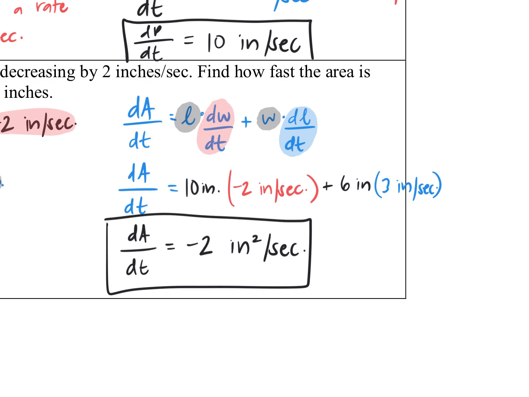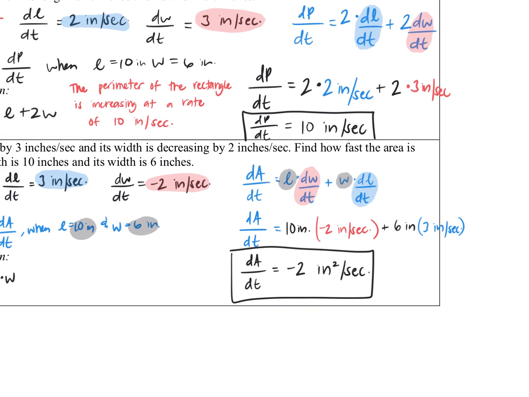Okay, so if I was going to explain what this actually means in terms of the problem, using that same setup that I did up there in red, the area of the rectangle is decreasing at a rate of 2 inches squared per second. Make sure if you're saying decreasing, you don't also say it's decreasing by negative 2, because then it contradicts each other. So make sure you're using the decreasing or increasing words by the symbol in front and then telling me what the rate is. Questions on these two?